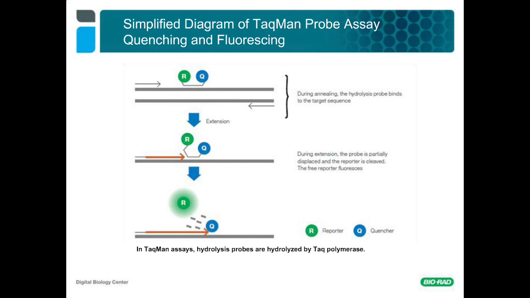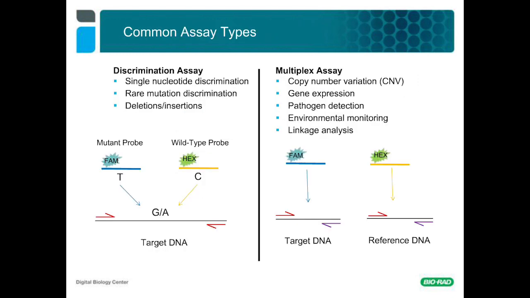There are two general assay design regimes shown here. On the left is a common discrimination assay showing a single set of primers used to amplify two nearly identical sequences. In this type of design, two different probes are used to discriminate one amplicon from the other. This type of assay can be used to discriminate single nucleotide polymorphisms, rare mutation discrimination, or deletion insertions in the gene.